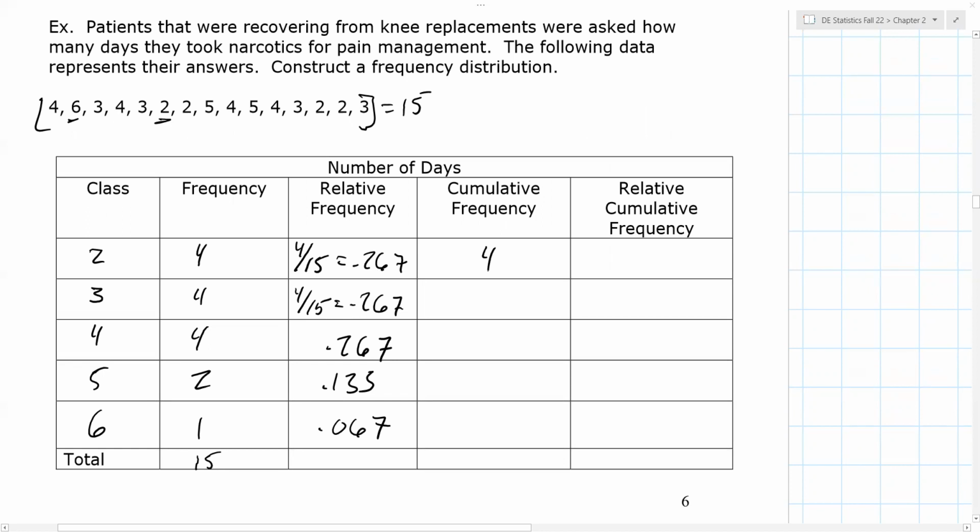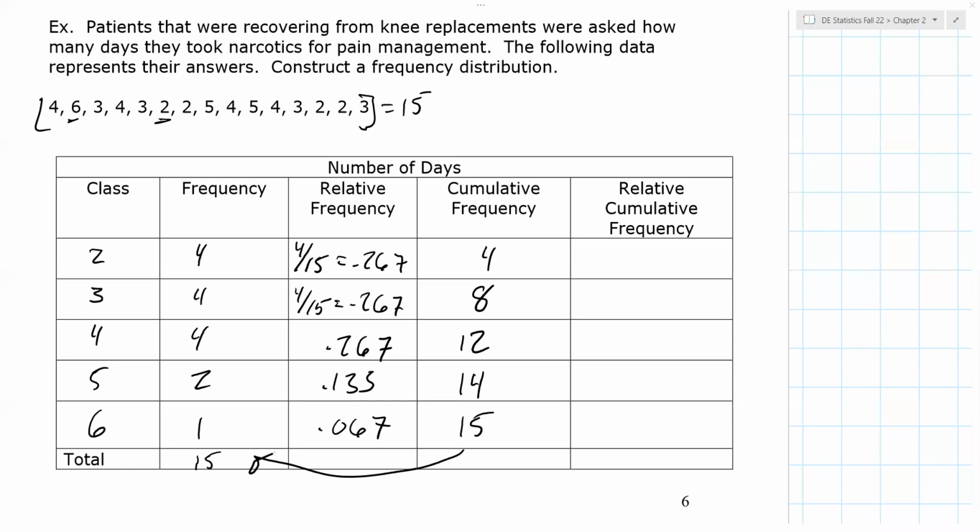Well, 4 people took it for 3, 4 people took it for 2. So a total of 8 people took it for 3 or fewer days. Next one would be 4 or less. That's 12, then 14, then 15. And the last cumulative frequency number should be the total number of data points in your data set.